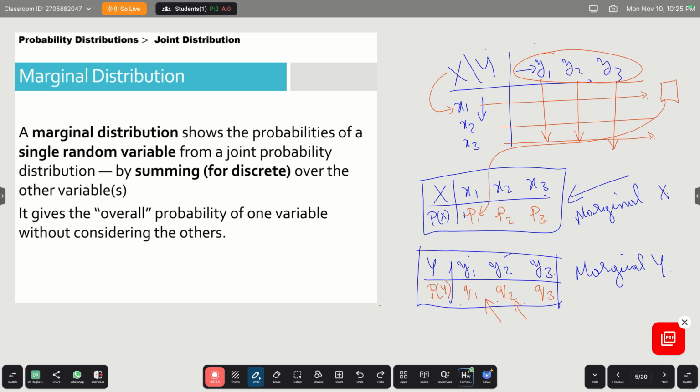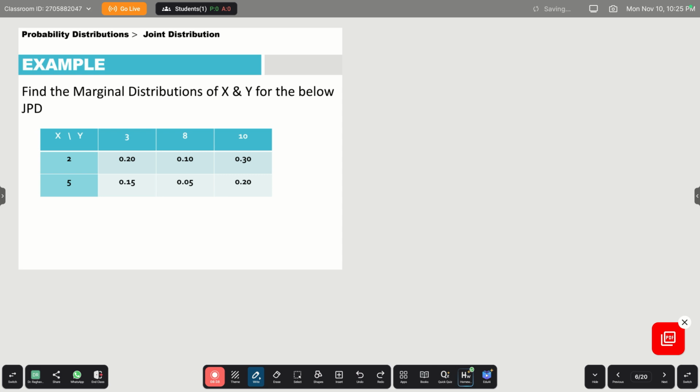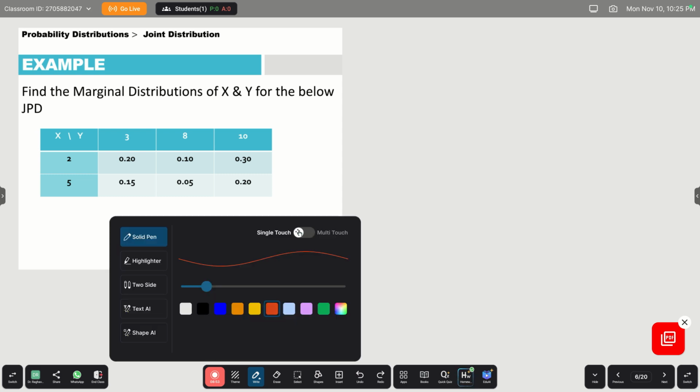So let's understand this by taking an example. Take this problem as the example for finding the marginal distribution: find the marginal distributions of x and y for the below joint probability distribution. In the joint probability distribution, all the probabilities are known.